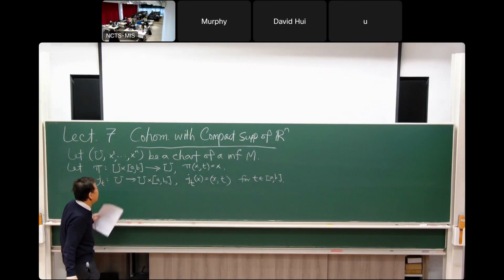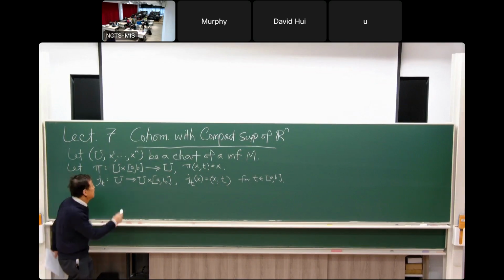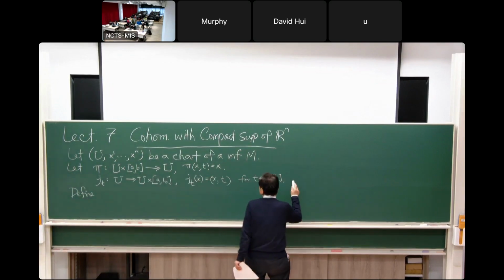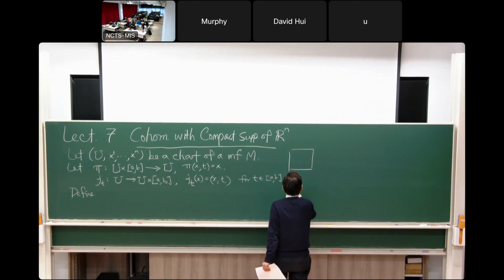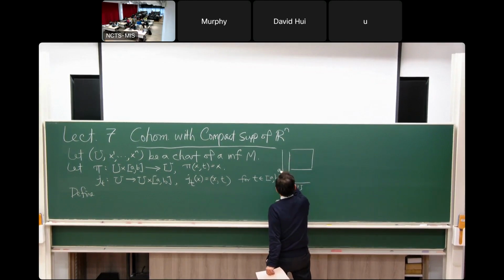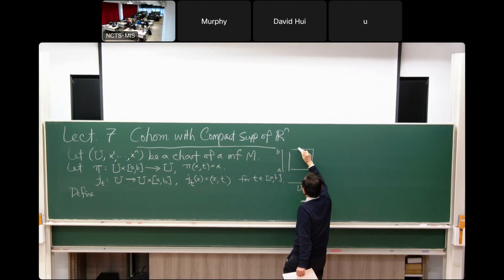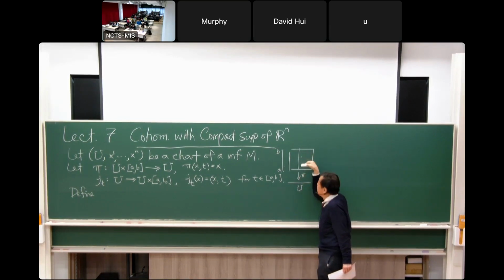Then we can define integration along the fiber, okay? Because what we have here is a picture like this. So you have U cross [a,b], and we integrate along the fiber, we integrate out the t.